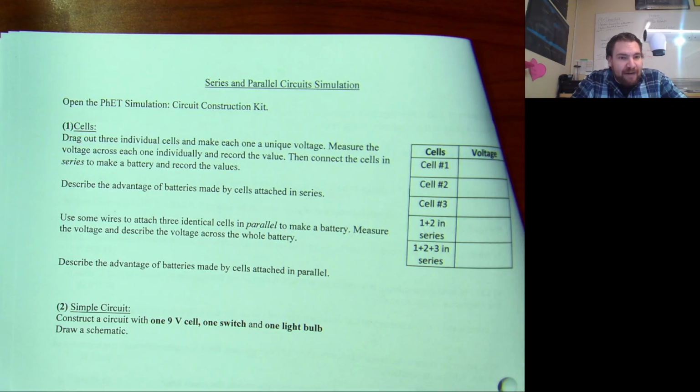A fuse, a battery, light bulb, and a resistor. Why there are multiple bulbs, I don't know. Wire again, a dollar bill. Why are there so many duplicates? Okay, let's go back to the lab. We also have a dog. If you want to throw a dog into your circuit, you're welcome to throw a dog into your circuit.